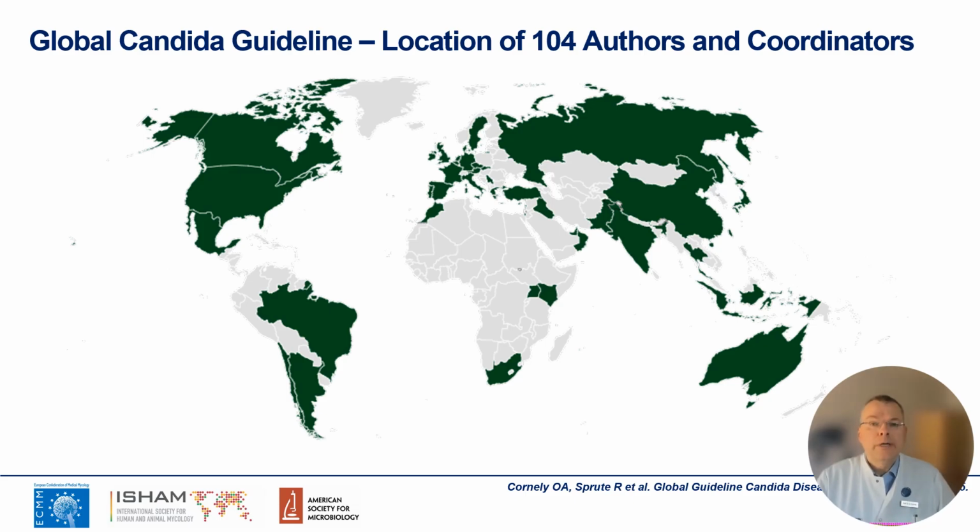We want to represent our authors not only by regions, but by specific settings of healthcare, authors and coordinators. And the healthcare settings, because our global guideline, that's why we call it a global guideline, should provide evidence and recommendations that can be used in each and every healthcare setting.